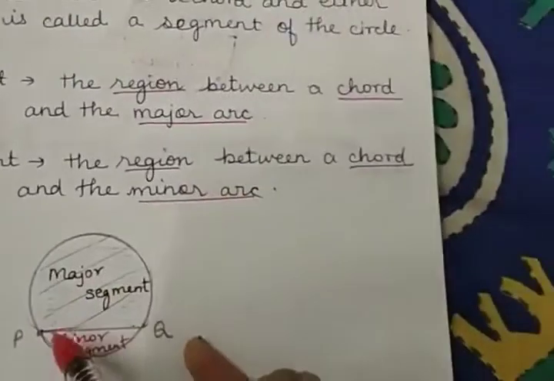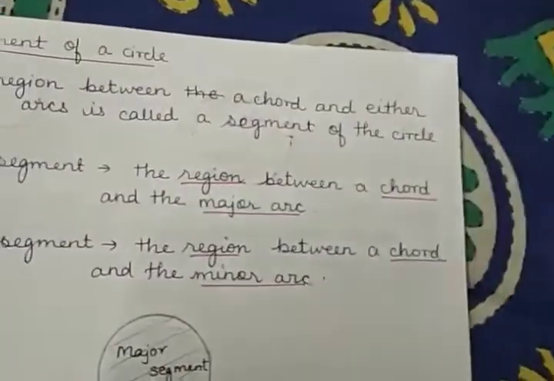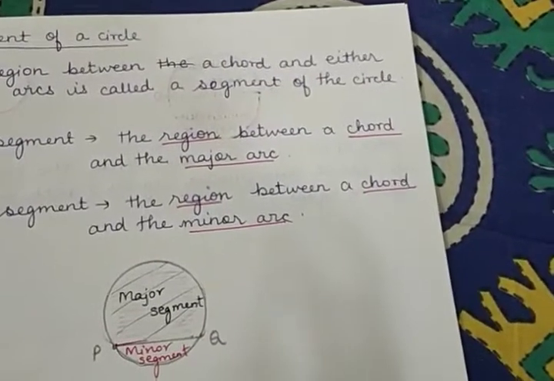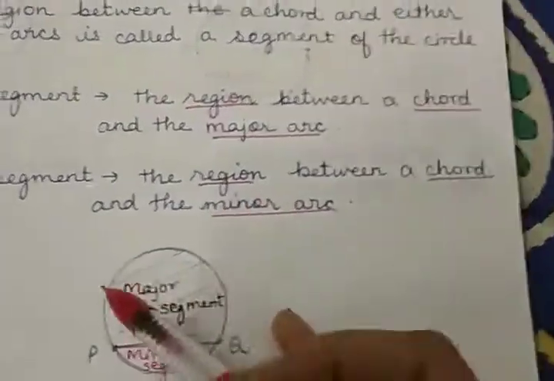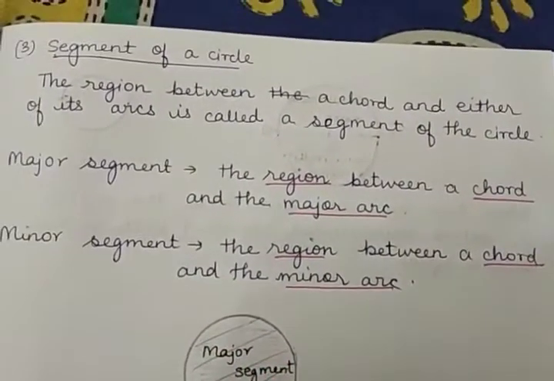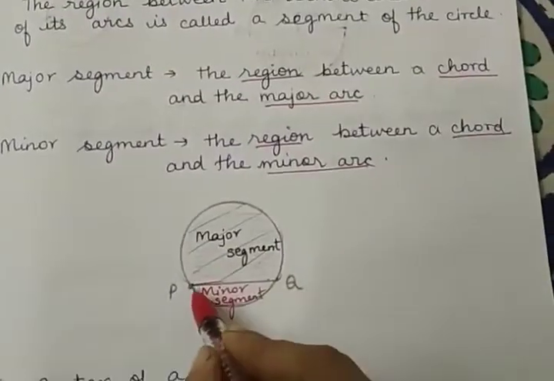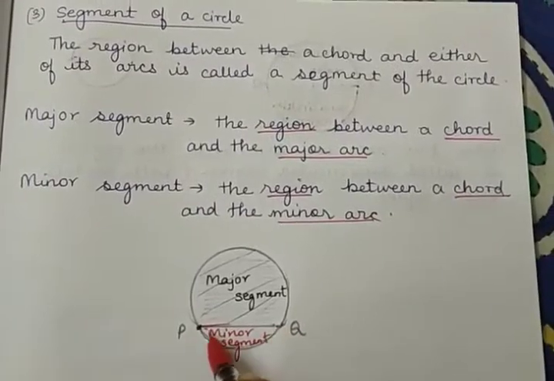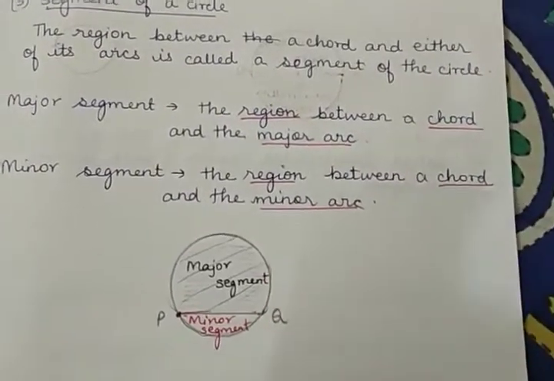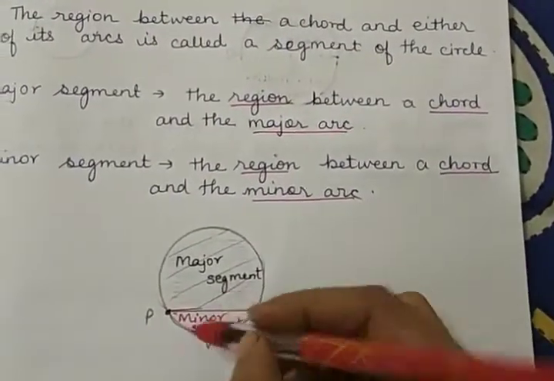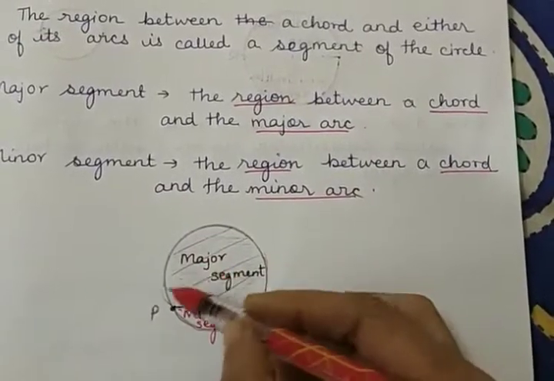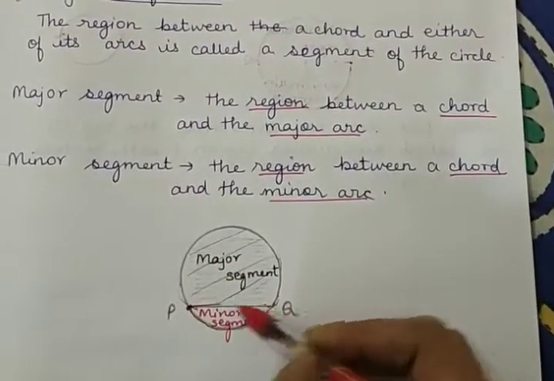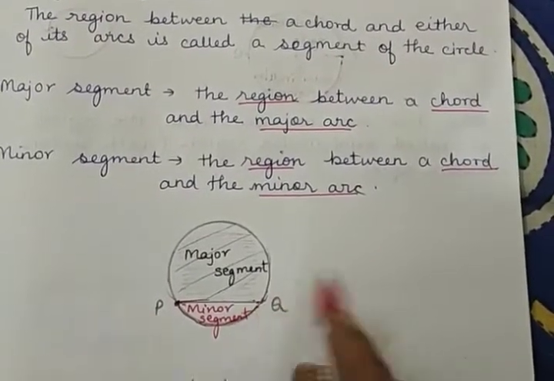If you have a chord and an arc, then the region between them is called a segment. So this is your chord PQ, and this is your major arc, so this will be your major segment. This is chord PQ and this is your minor arc, so this is your minor segment.